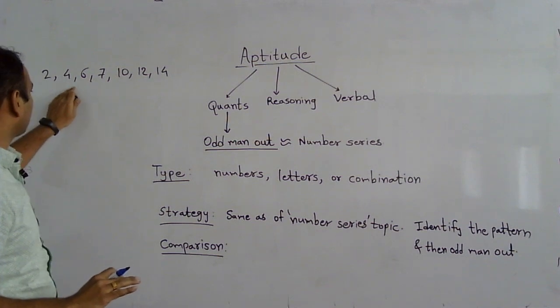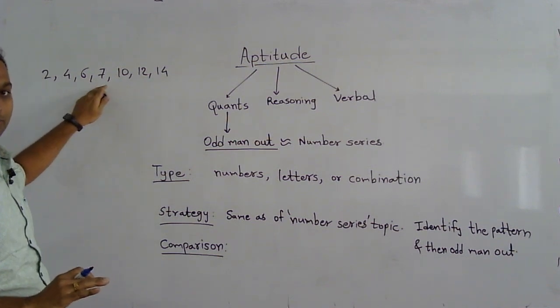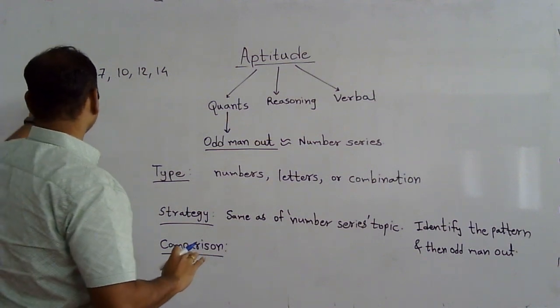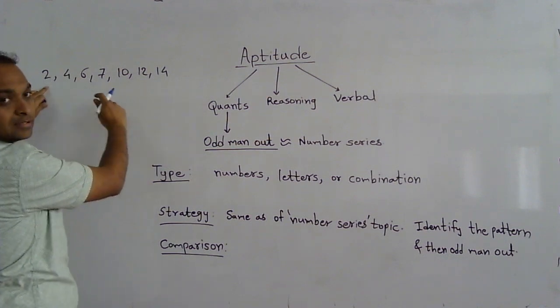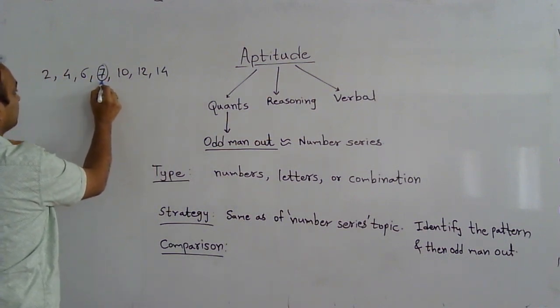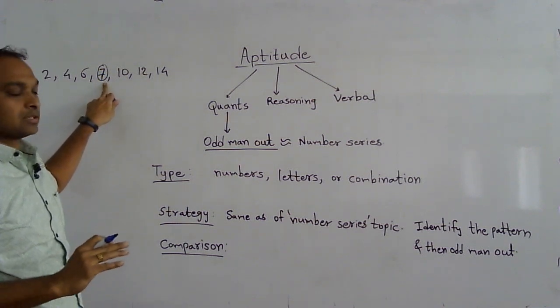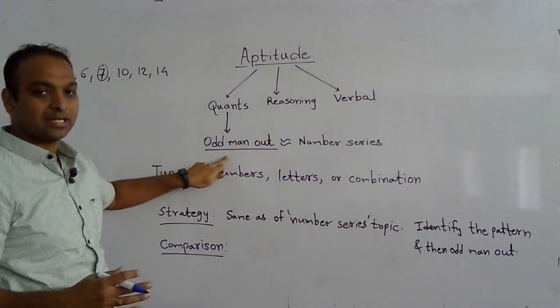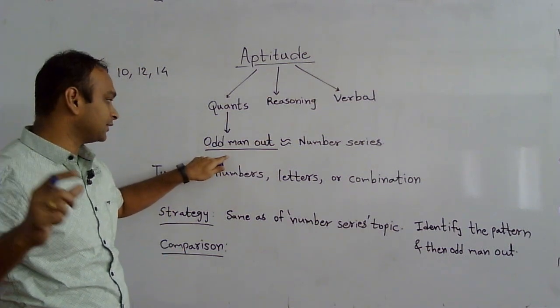Since this is very simple, we can easily say that the difference is 2, or that it is an even series. So the number 7 is the odd term. This is how these problems are based on finding the odd terms inside a series.